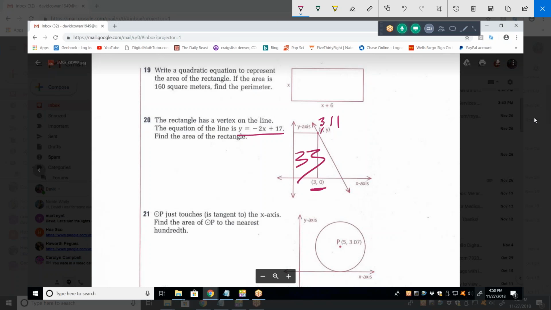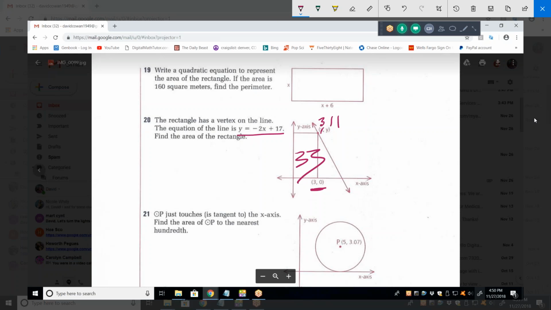Okay. Let's see if we can finish 21. Circle P just touches its tangent on the x-axis. Find the area of circle P to the nearest hundredth. What's the radius of circle P?